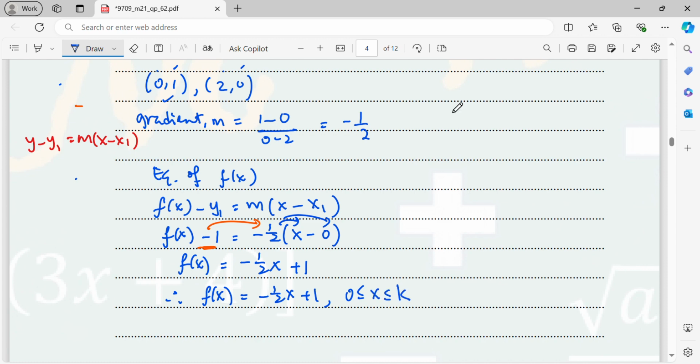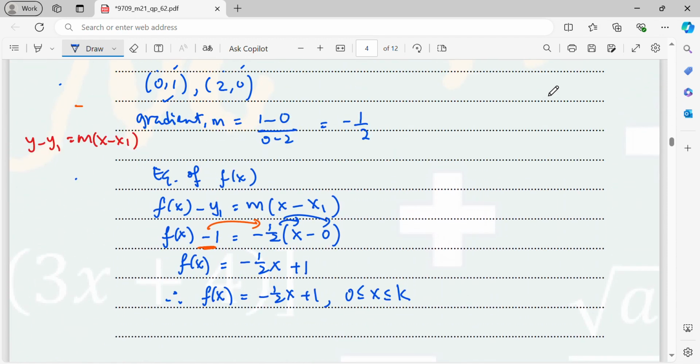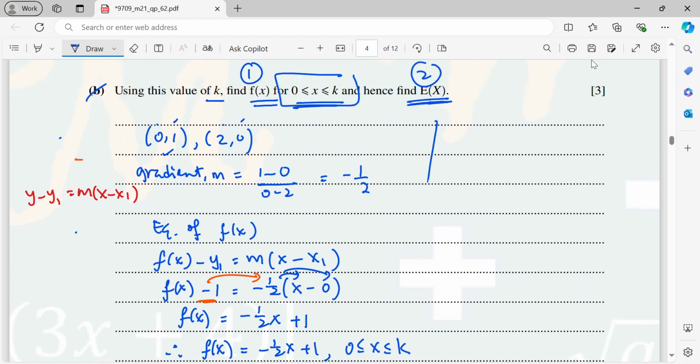So that's done for the first part. Now the second part is to calculate E(X). E(X) is defined as the integral of x f(x) dx, and now f(x) is defined from 0 to k. Now I have to change my k into 2, so my integration will be from 0 to 2.